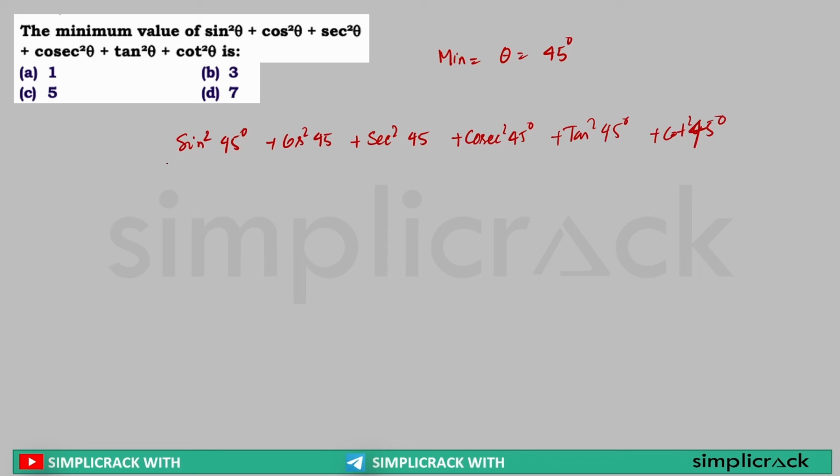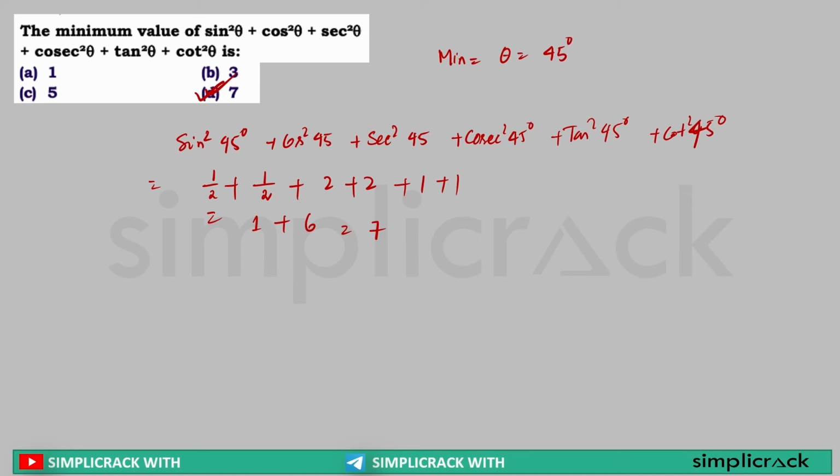Sin square 45 means 1 by root 2 square, that is 1 by 2. Cos square 45 is also 1 by 2. Sec square is the opposite of cos square, that is 2, and likewise cosec square is 2. Tan square is 1, cot square is 1. So 1 by 2 plus 1 by 2 is 1, plus 2, plus 2 is 4, plus 1 is 5, plus 1 is 6. So 1 plus 6 is equal to 7. That is option D. Clear? Got it? So this is how you can directly find the answers.